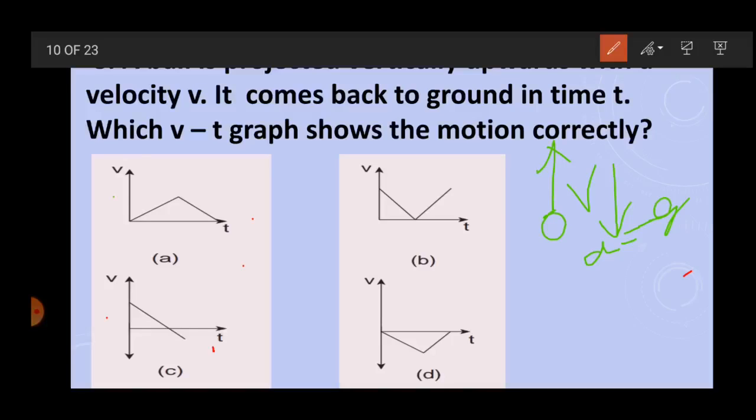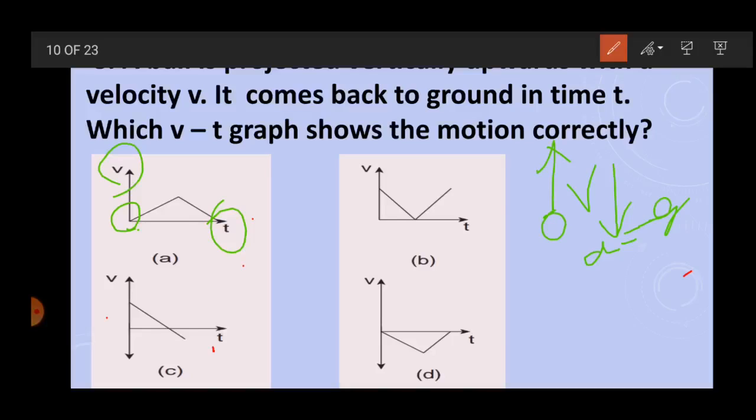Now see, in a velocity time graph the slope means acceleration. Acceleration due to gravity is constant. So students, this graph will show the particle starting with some speed, that means some initial velocity u. As the particle goes in the upward direction, the velocity of the particle decreases.